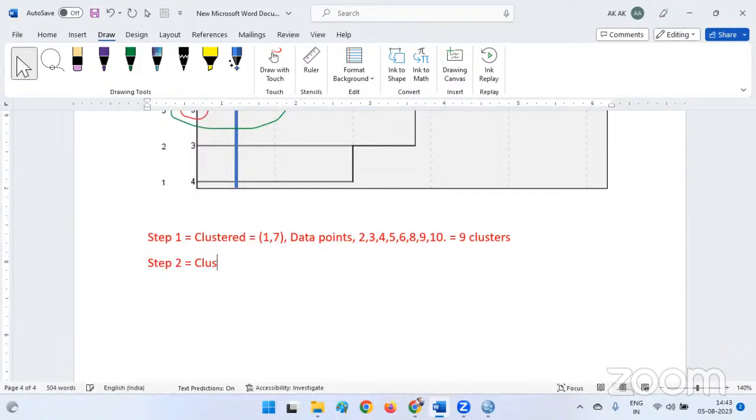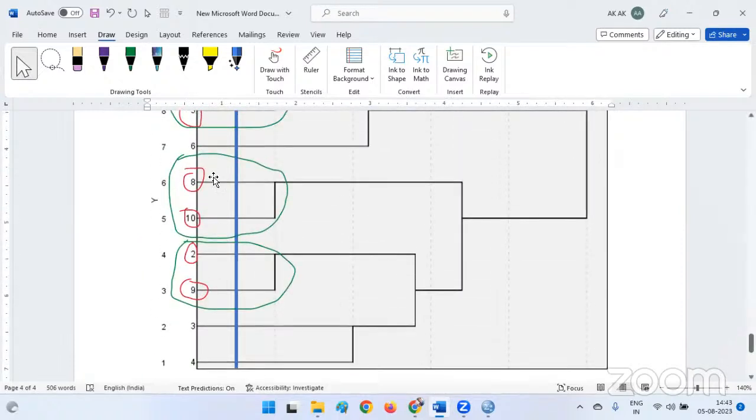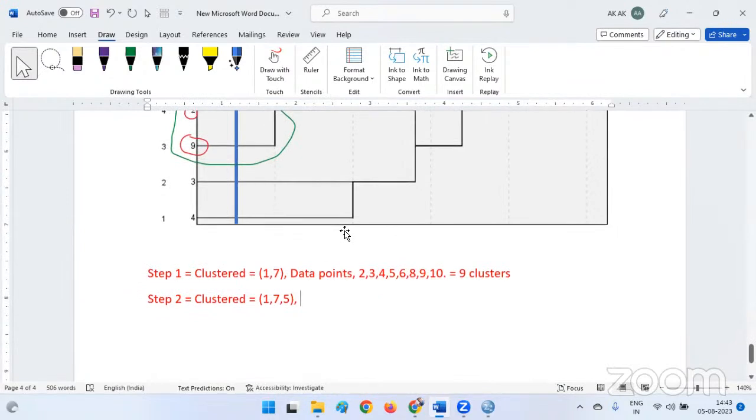In step 2, we clustered what? 1, 7, 5, comma, 8 and 10, and 2 and 9.